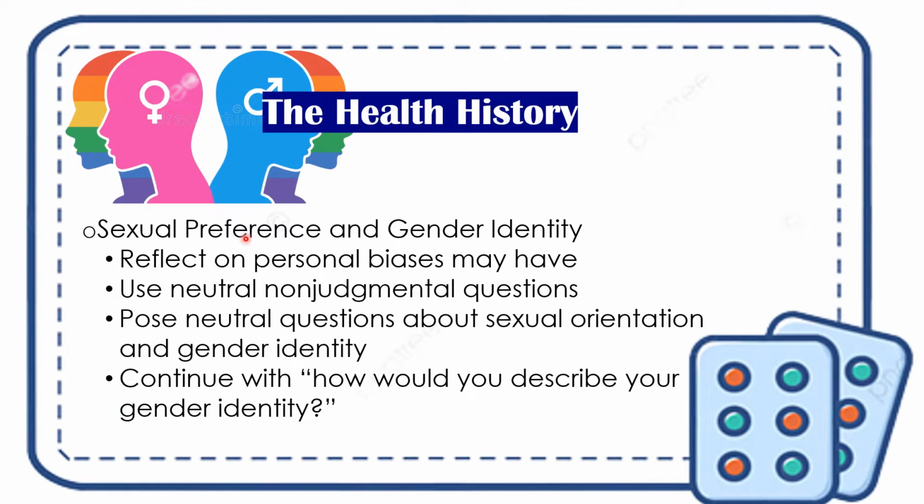For sexual preference and gender identity, as a nurse or student nurse, you must reflect on your personal biases that you may have as you conduct your interview. Make sure to use neutral, non-judgmental questions about sexual orientation and gender identity. For example, you can ask, are you dating currently, or are you sexually active or in a relationship?